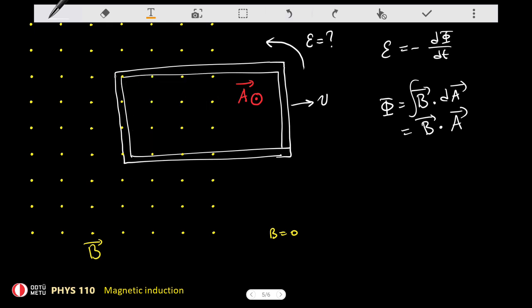But in any case, since these two vectors are parallel to each other, this is positive, right? Of course, flux is a positive quantity, but it is changing because somebody is pulling this wire frame out. So how is it changing? Well, the magnitude of the area is decreasing, so therefore flux is decreasing.